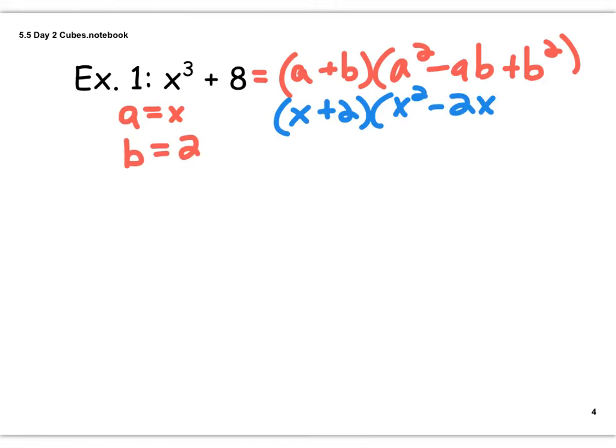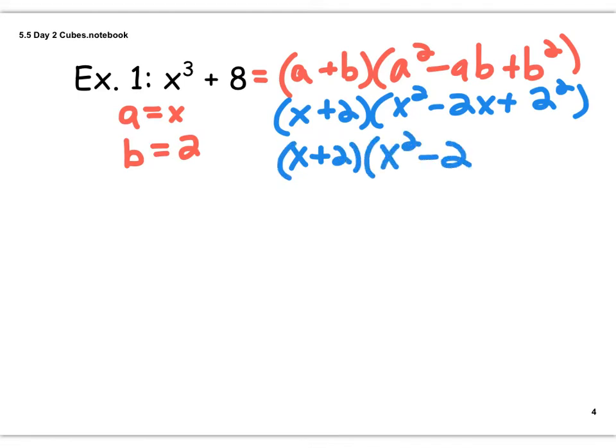We don't write it as x2, all right, plus 2 squared. Now I need to do a little bit of work here because 2 squared I can actually compute. So I've got x plus 2 multiplied by x squared minus 2x plus 4. And I'm done.